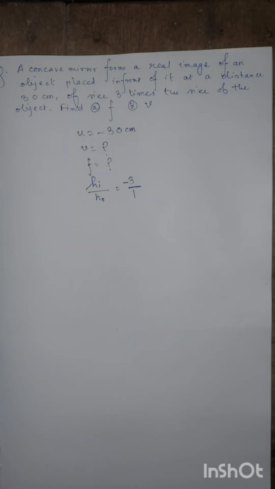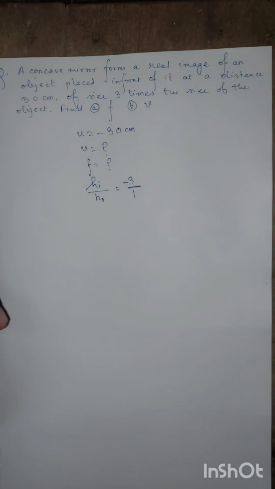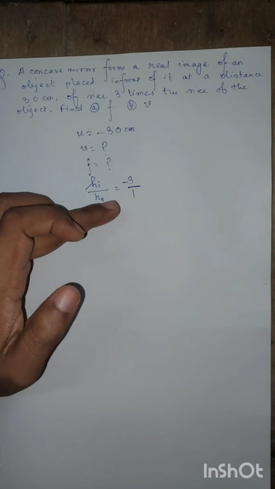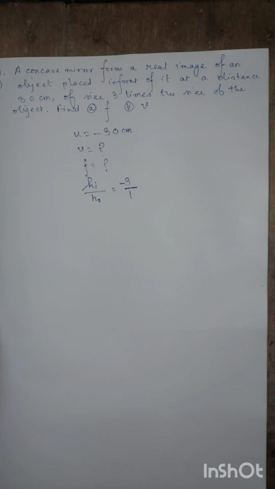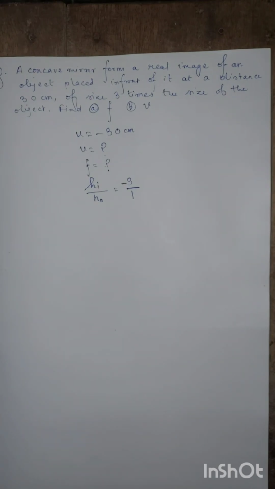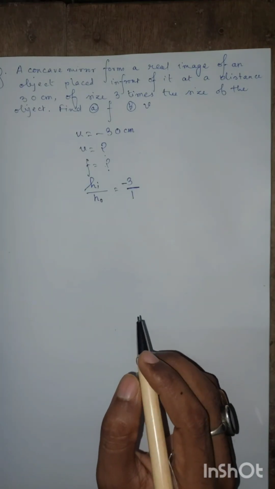We take it negative by convention. So the height of the image should be taken negative and the height of the object should be taken positive. So this is what we are getting from the given information.